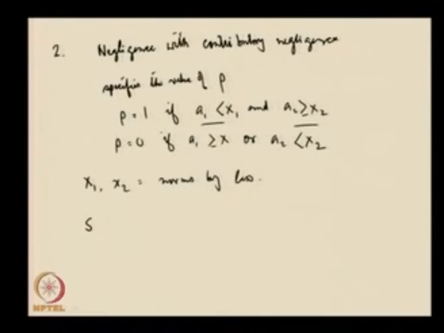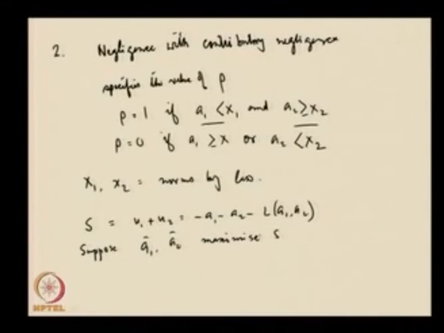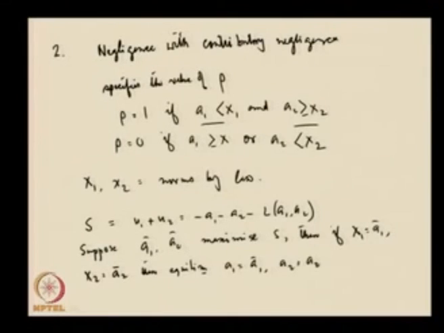So, if social welfare, let us call this S, is U1 plus U2, then we can see that this is nothing but this, and suppose A1 bar, A2 bar maximizes S. Then if x1 is equal to A1 bar and x2 is equal to A2 bar, then equilibrium A1 will be equal to A1 bar and equilibrium A2 will be A2 bar. So, that is the result. Thank you.